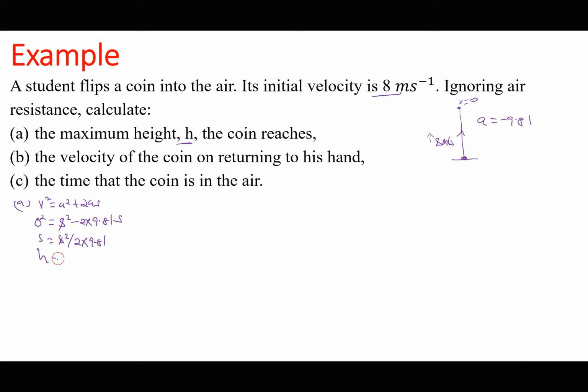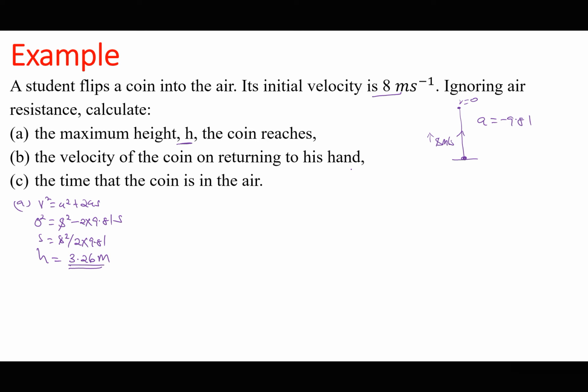So h is the same as s, which is simply going to be 8 squared divided by 2 times 9.81. So h is going to be 3.26 meters. Then the velocity of the coin on returning to his hand, of course that one I don't even need to calculate.